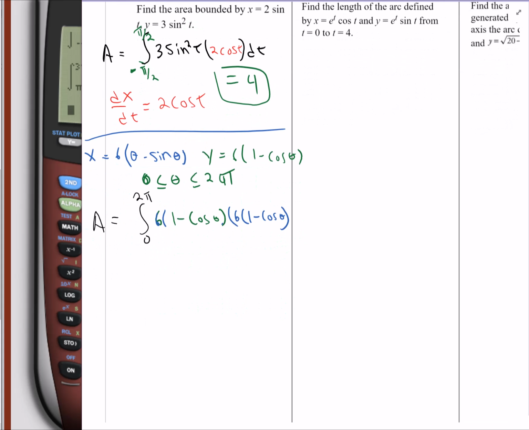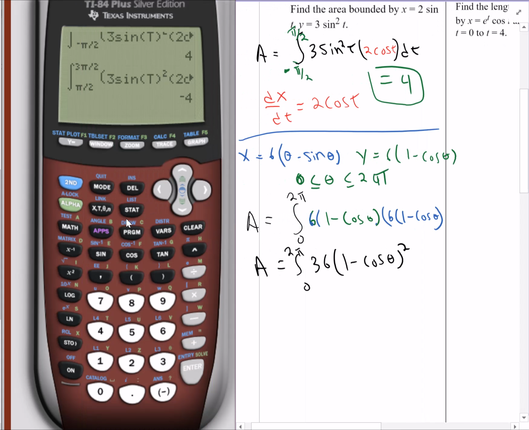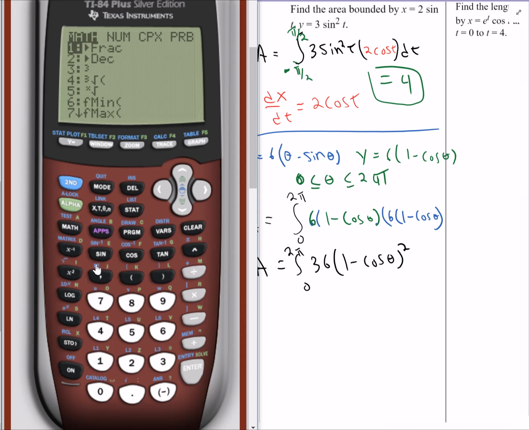So we can go ahead and simplify this a little bit. If we're going to try to integrate from 0 to 2 pi, it's going to be 36 times 1 minus cosine theta quantity squared. And we can get back out our calculator, and in this case we might not want to plug in a theta, but it should still work, like I said last time, and it didn't quite work out.